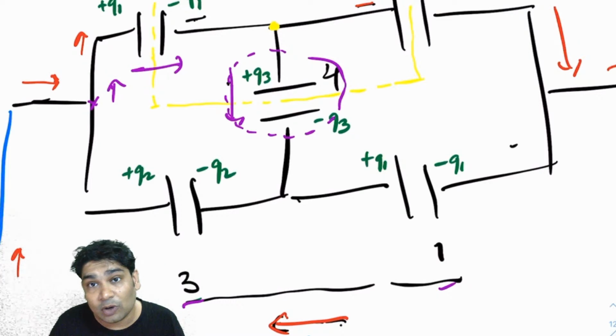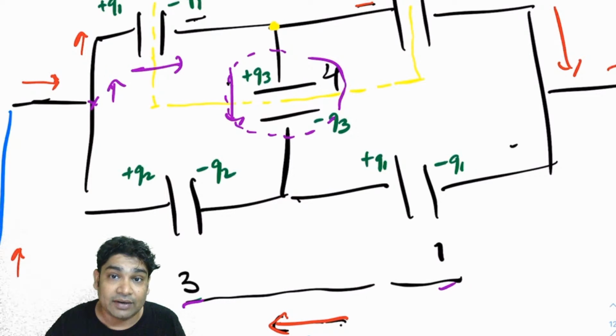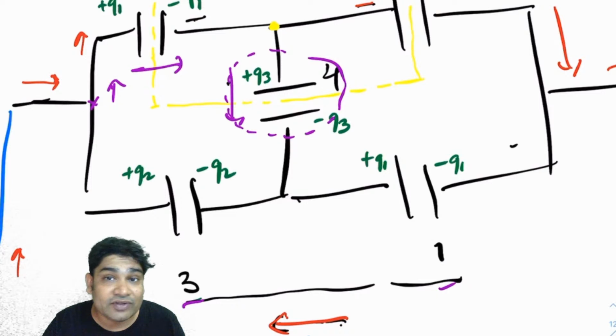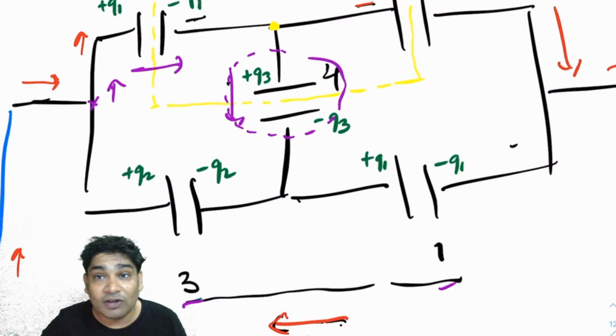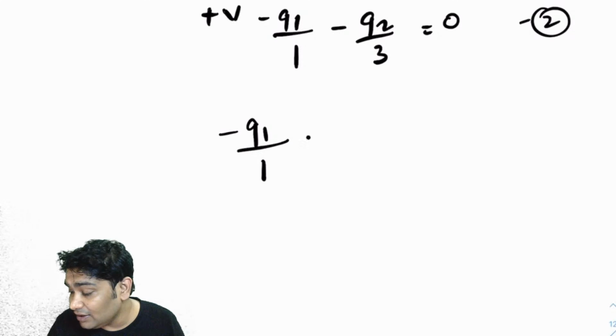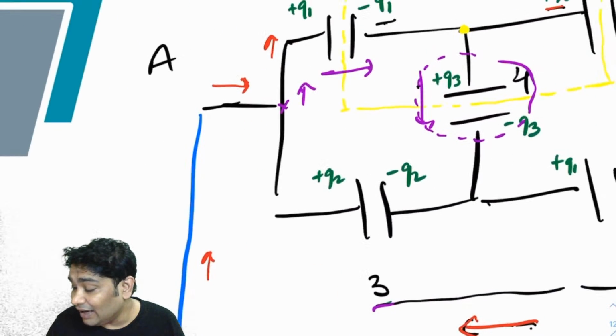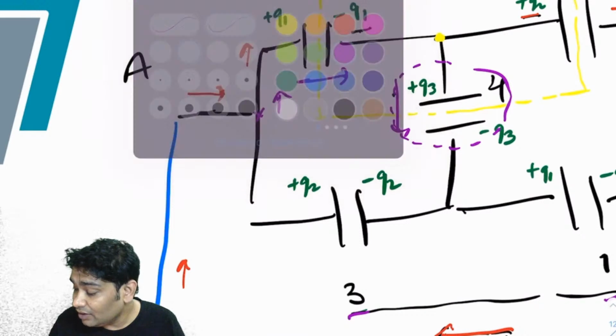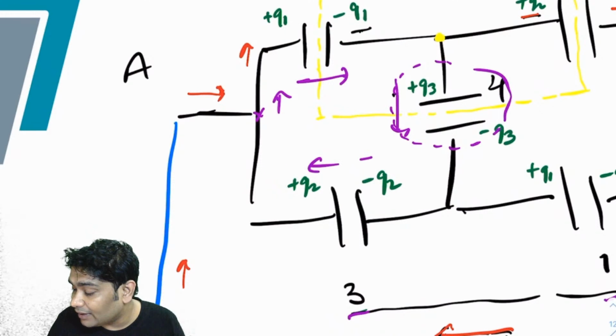Again, this one also I am crossing from the positive side to the negative side. So from positive side to the negative side, the potential change would be minus Q3 over 4. Okay. So that is the second potential change that I am encountering. Minus Q3 over 4.